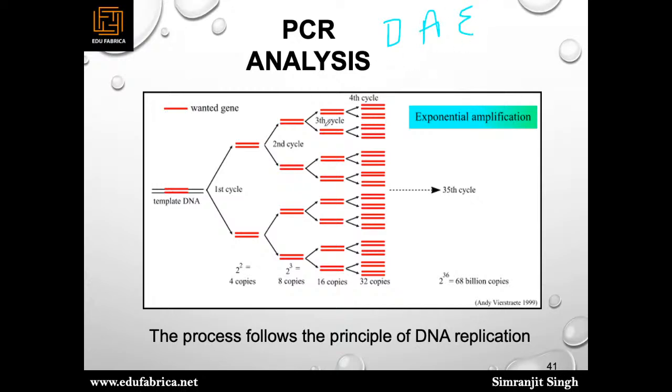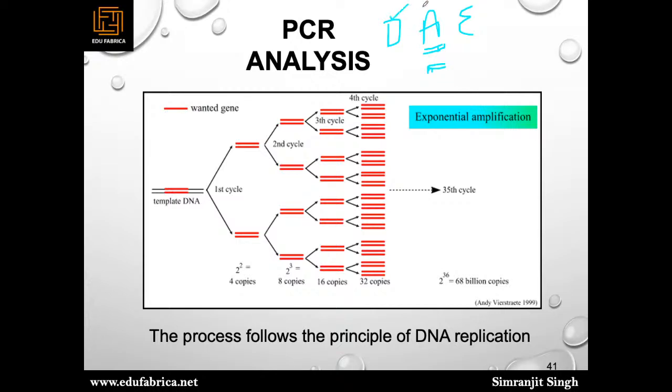During denaturation, your DNA strands are separated; the double helix, which is joined together, is separated. Then the primers attach in the annealing step to the corresponding DNA. Then in the elongation process, they start to produce the corresponding sequence.